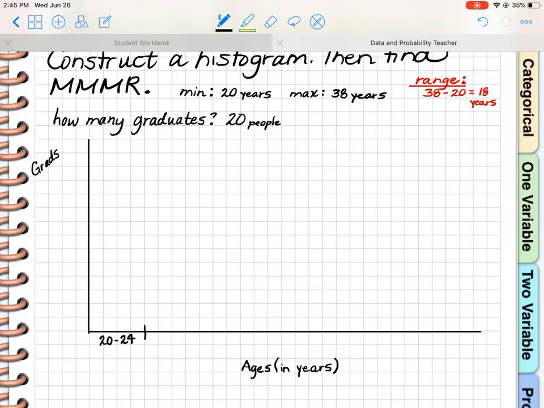You can start right at 20. And then that's 20, 21, 22, 23, 24. That's 5 years. So let's put the next 5 years, which would be 25 to 29 years old. And then let's put 30 to 34. That's the next 5 years. And then 35 to 39.